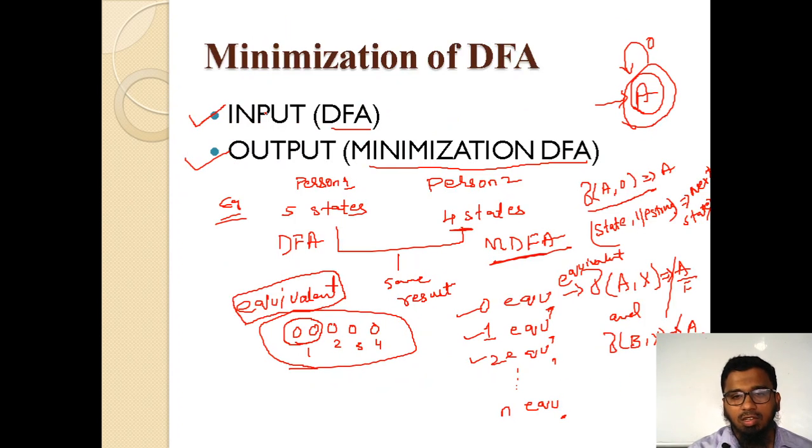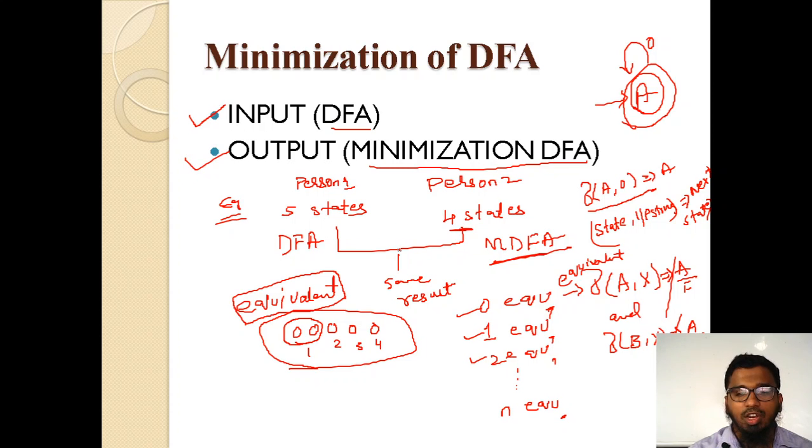In the last class, we saw why we need to use the minimization of DFA. For example, if one person is finishing the DFA in 5 states, another person can complete it in 4 states. So 4 is the best. For that reason, whatever DFA we have, we need to check whether we can minimize the number of states.